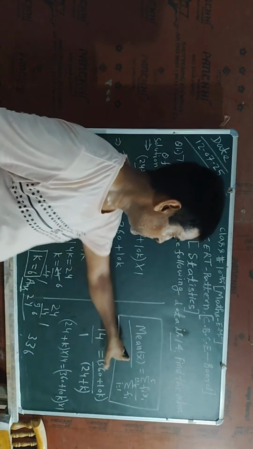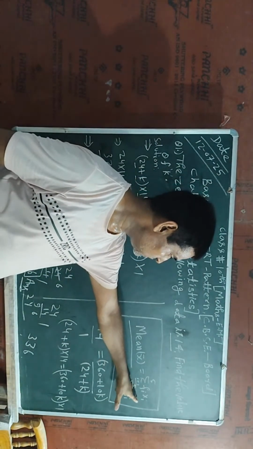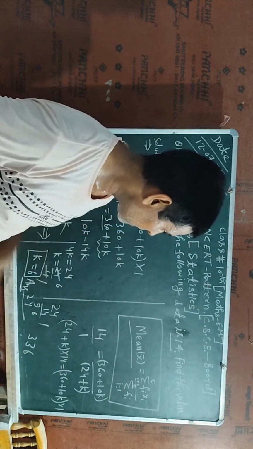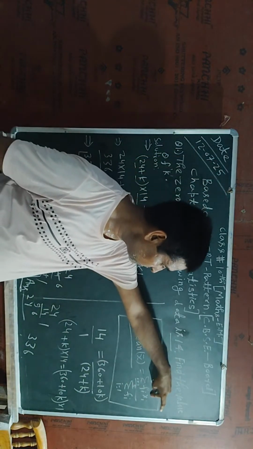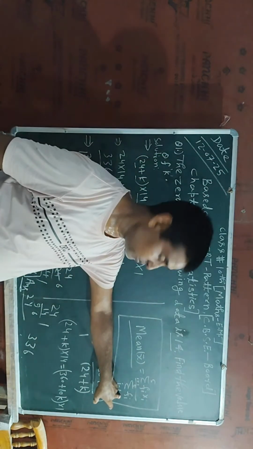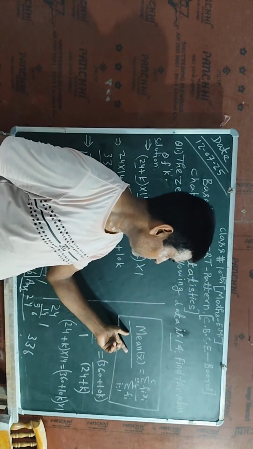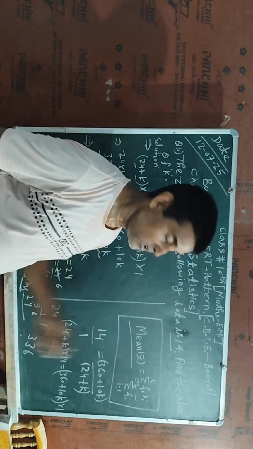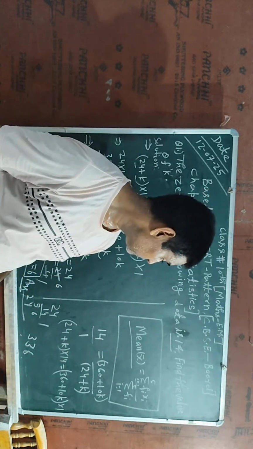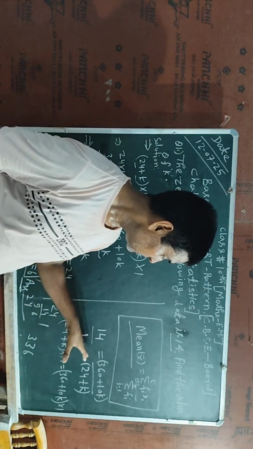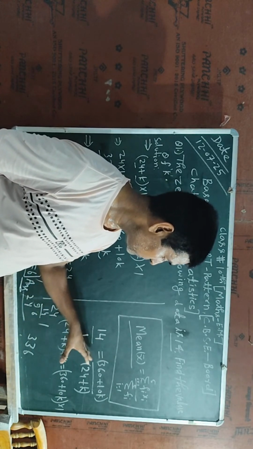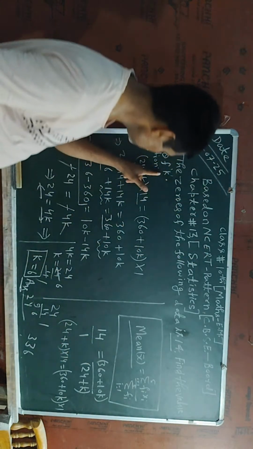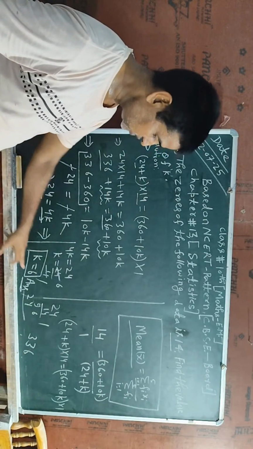Mean x bar is equal to sigma fi xi divided by sigma fi. After substituting all values, calculating and simplifying, I have got the value of k, and the value of k is 6.